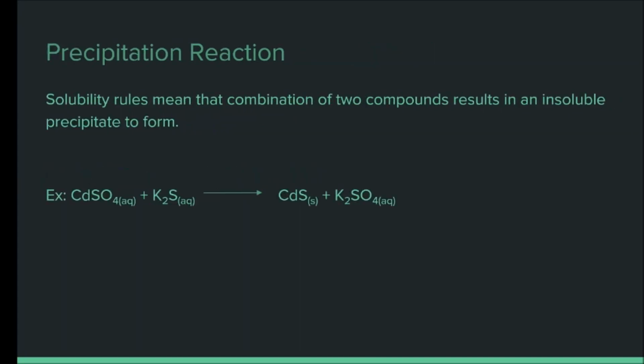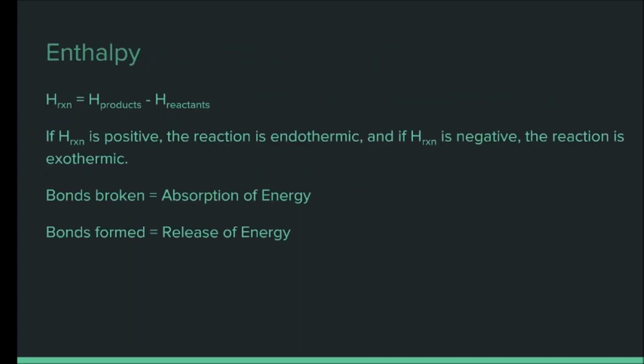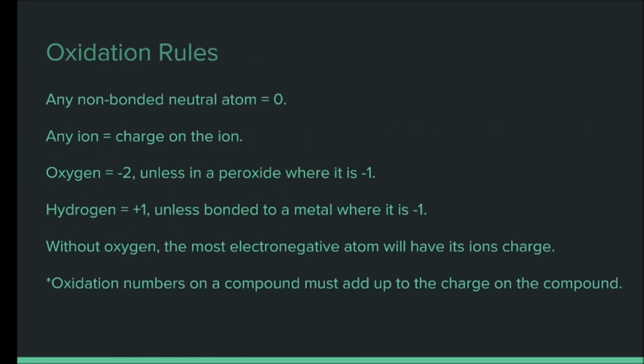So now moving on to oxidation rules. These are for redox reactions. Let's go over the basic rules for assigning oxidation numbers to atoms. Any non-bonded neutral atom has an oxidation number of 0. Any ion has an oxidation number equal to the charge of the ion itself.